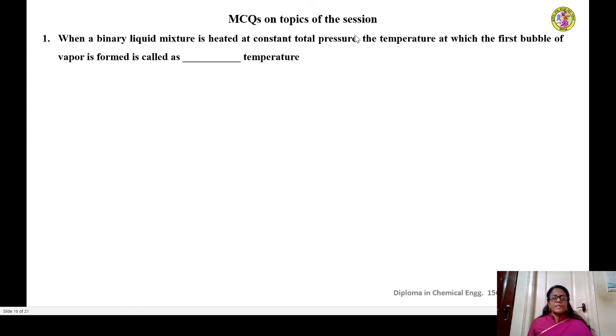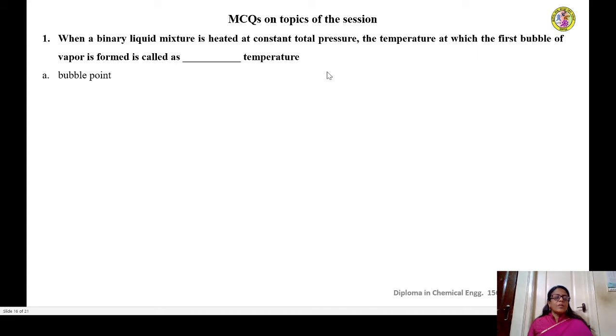Let us take up a self-assessment test now to measure how far we have followed the topics. This is a set of MCQs. Let us see how far we can answer these questions. The first question is: when a binary liquid mixture is heated at constant total pressure, the temperature at which the first bubble of vapor is formed is called the dash temperature.